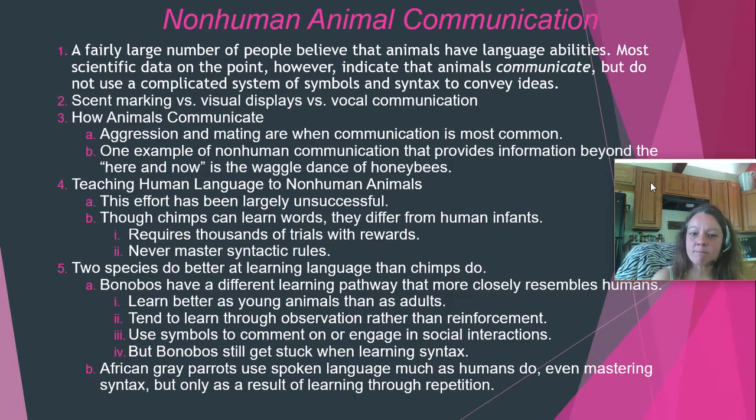Honeybees actually communicate. They have this specific little dance that they do, and it's a way to communicate information to the rest of the hive as to where that pollen is for making the honey. We know that dolphins have communication, whales have types of communication. Supposedly in the next 10 years, scientists are actually going to symbolize dolphin language.